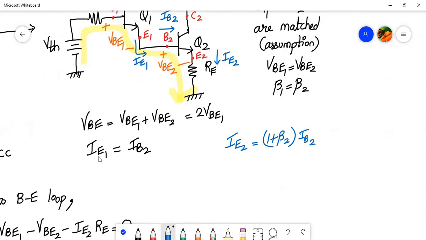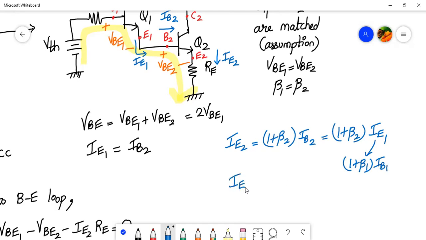And what is IB2? IB2 is IE1. So I can further write it as 1 plus beta 2 times IE1. Now IE1 can also be 1 plus beta 1 times IB1, right?